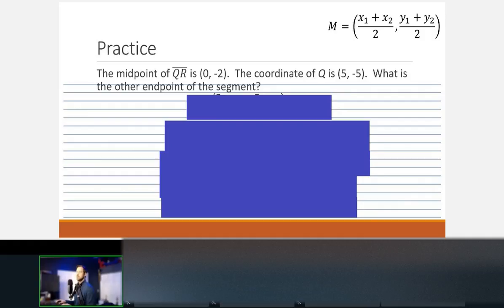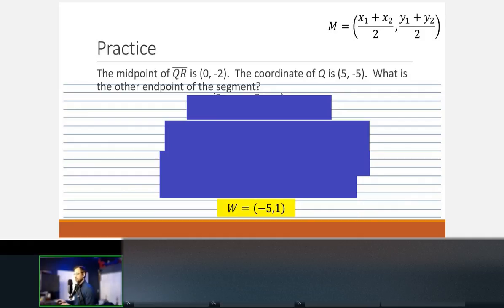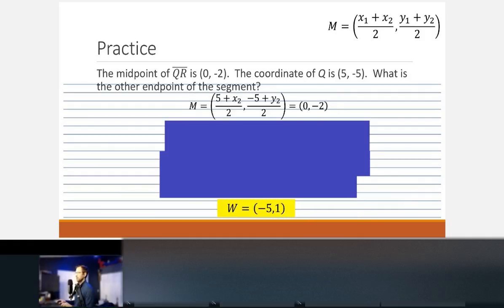So let's take a look. Yeah, -5, 1. Let's go through it real quick. So there's the initial setup. And again, it doesn't matter if you call this x sub 1, y sub 1, or if you call it x sub 2, y sub 2. I only called it x sub 1. I'm going to write it down.